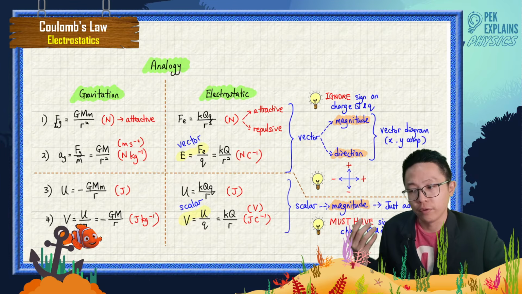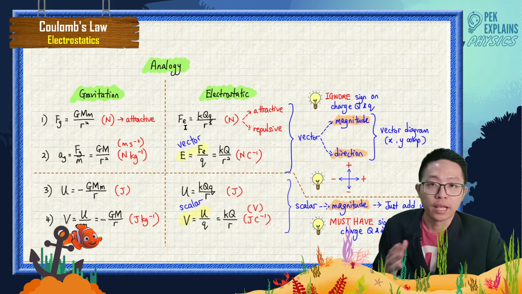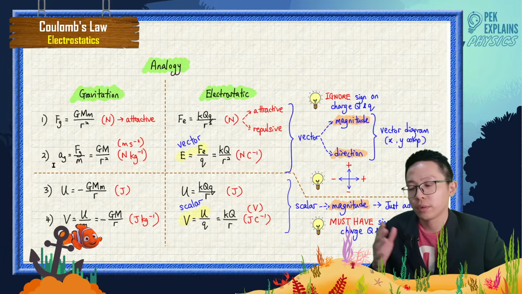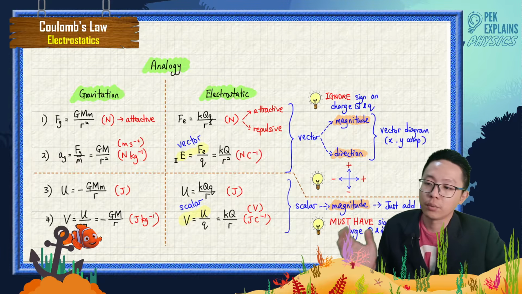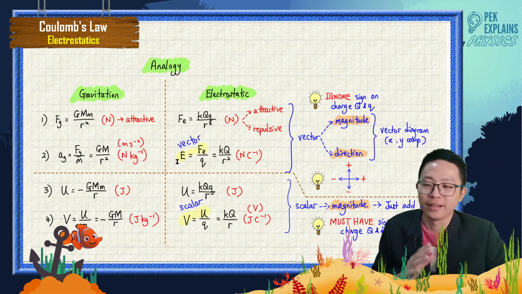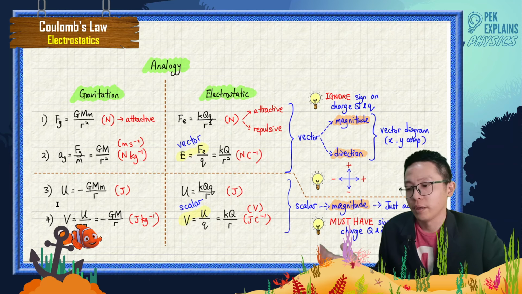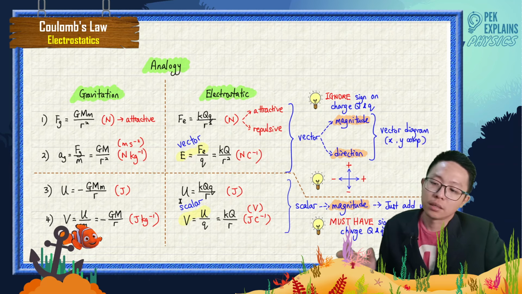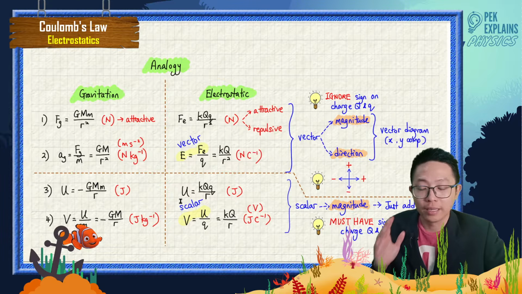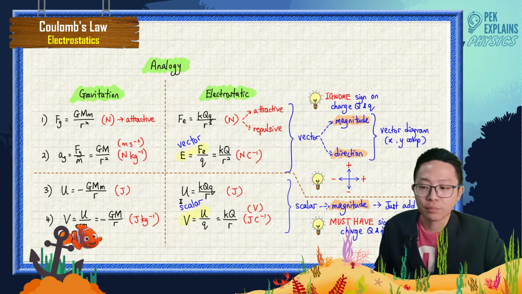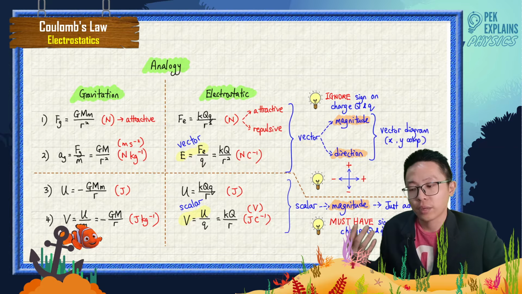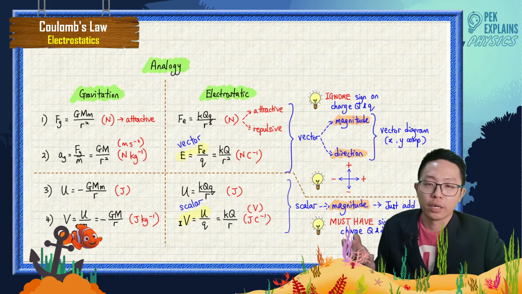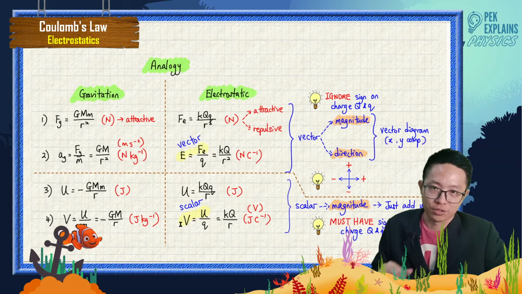If we had gravitational force, now we have electrostatic force. Last time we had gravitational field strength, now we have electric field strength. Last time gravitational potential energy, now electric potential energy. Last time gravitational potential, now electric potential.